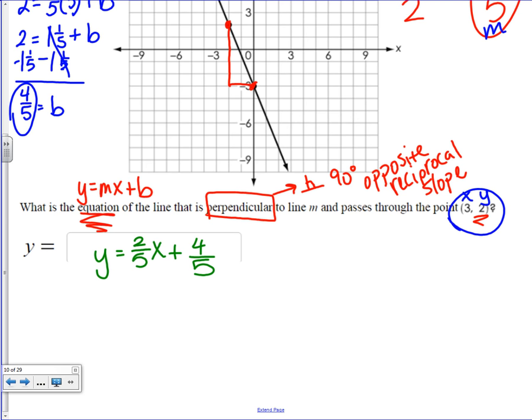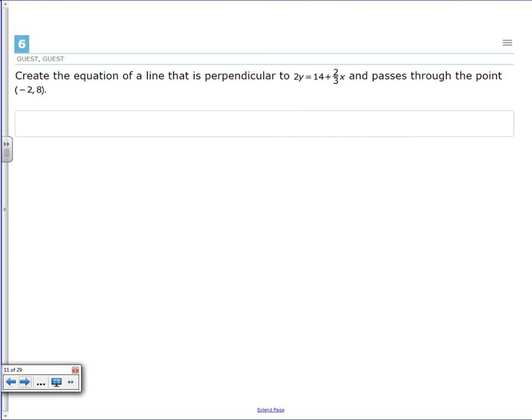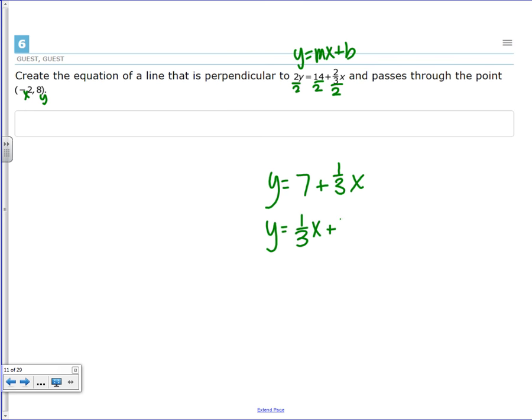All right, let's do another one like that. Create the equation of a line that is perpendicular to that equation and passes through this point. Well, this is my point. This is going to be my x, and that's going to be my y. I need to find the slope of this line. Well, I don't know the slope in this line until it looks like this, which means I've got to isolate the y, which means I need to divide everything by 2. So I have y equals 7 plus 1/3 x. Now that's not in the right order, so I'm going to switch it around.